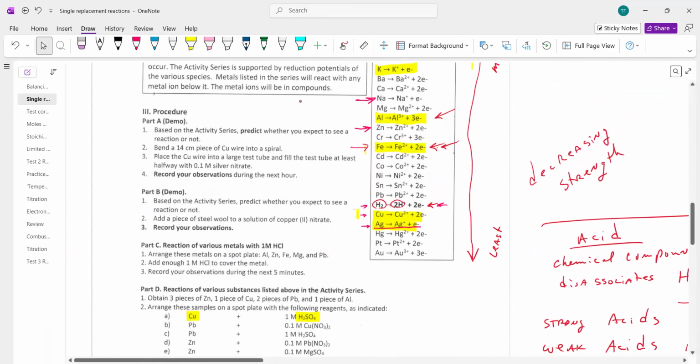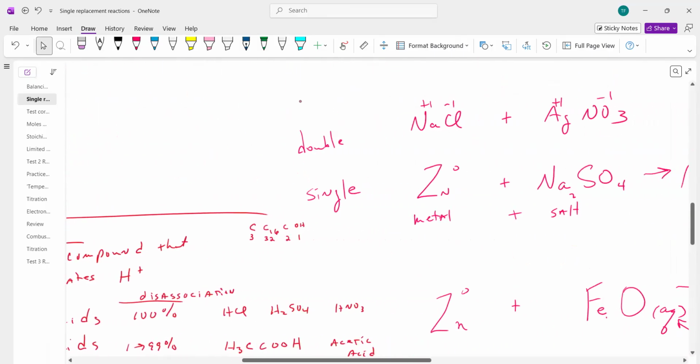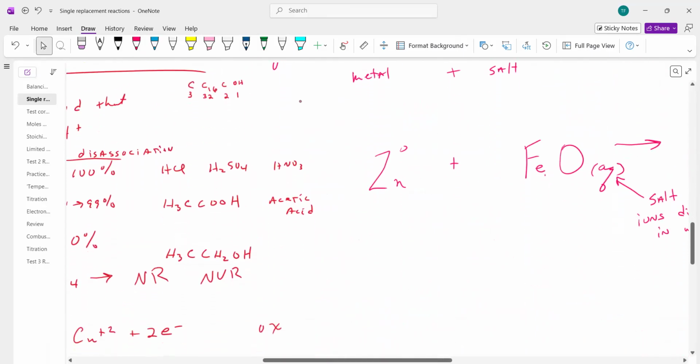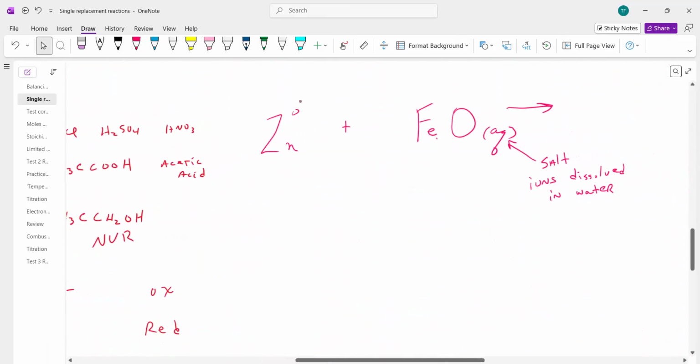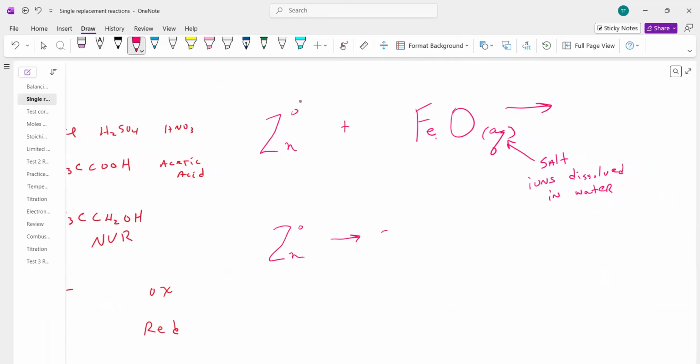Notice it's iron +2 or iron 2, and it'll go to, the zinc is going to be a +2 also. Okay, so the zinc is going to lose 2 electrons.